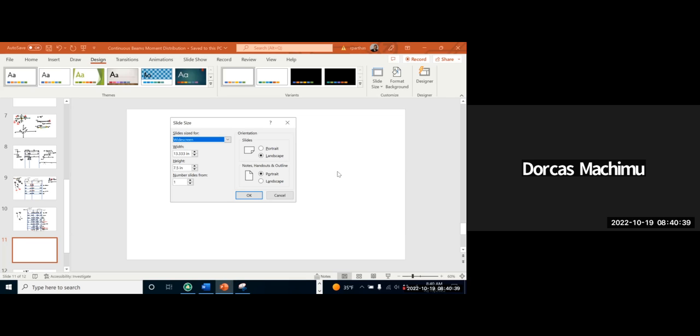He went back to the book to see where he got it wrong, because he did PL over 6 instead of 2PL over 6. So the value we got, we were supposed to multiply it by 2. That's why he got 53.33, and in the book it's 106.